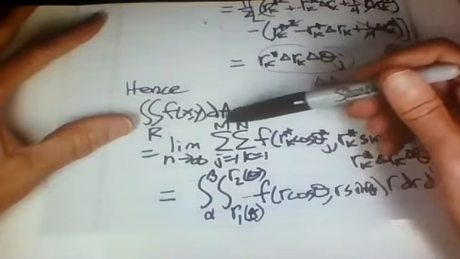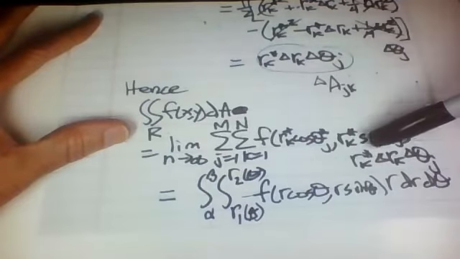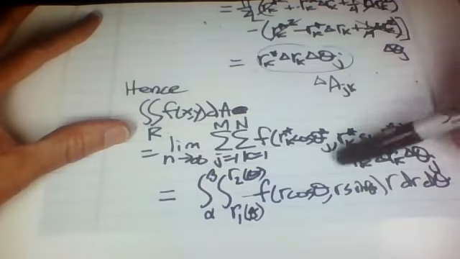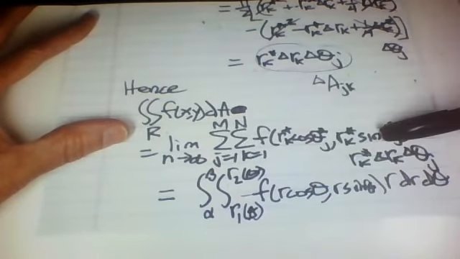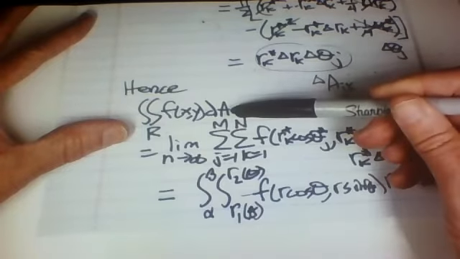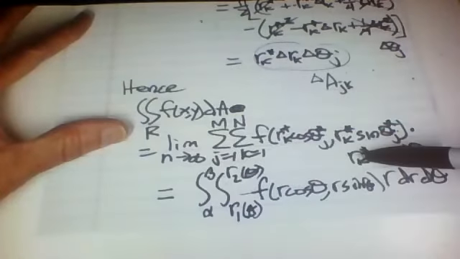This double integral defined to be the limit of the sum f in polar coordinates times delta ajk in polar coordinates is actually equal to the limit of the sum in rectangular coordinates. The differences you can prove go to 0. So to evaluate the double integral in polar coordinates, I can do this limit of the sum with polar areas. Well, what is this in calculus from what we did for limits of sums?